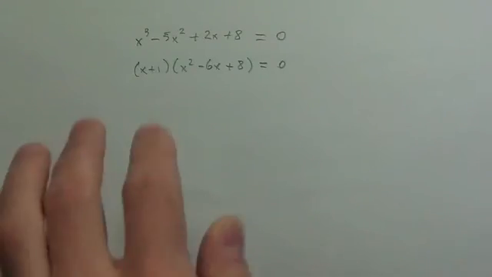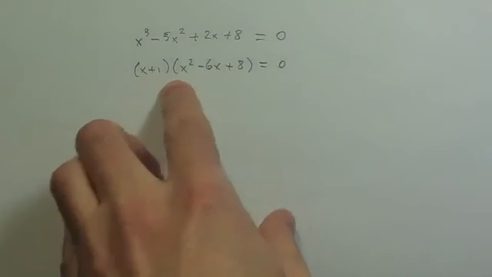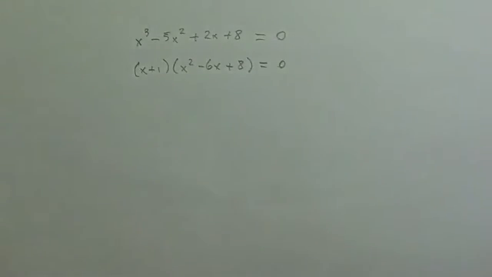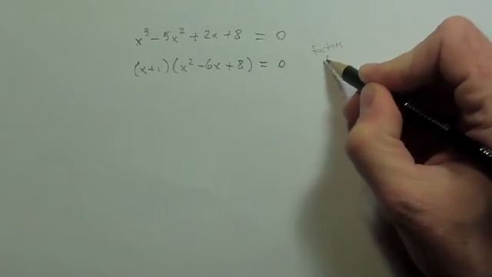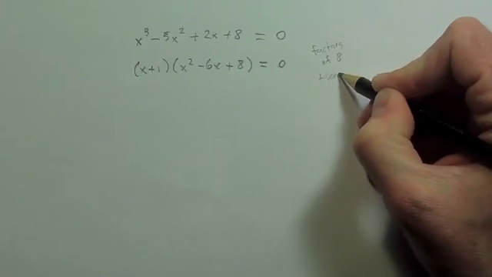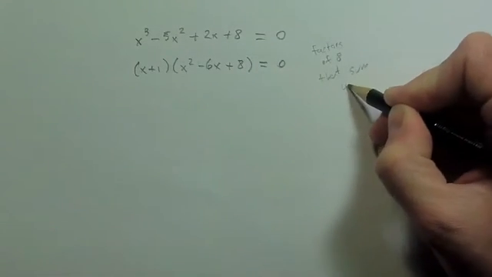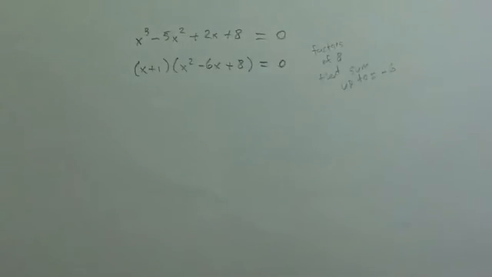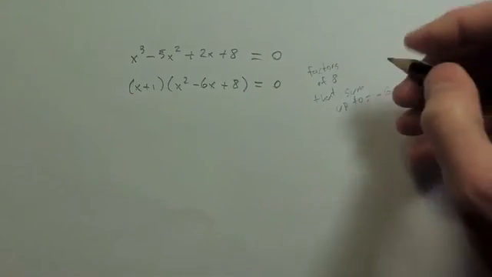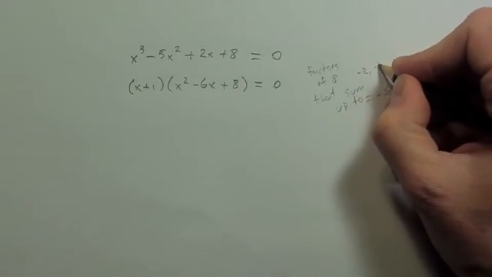All right, now this piece should be able to factor. I want factors of 8, right, that sum up to equal negative 6. So they both need to be negative, and I'm thinking negative 2 and negative 4.